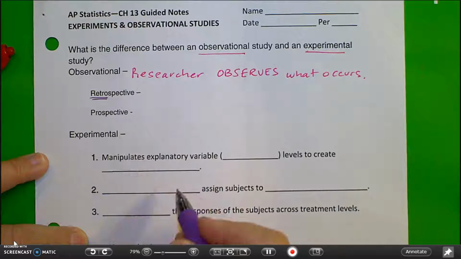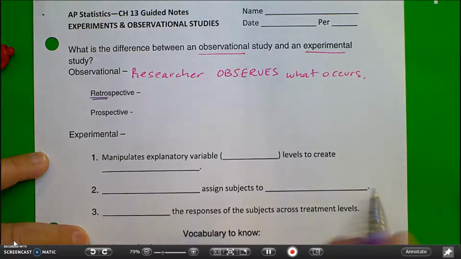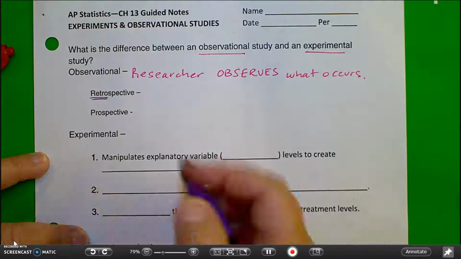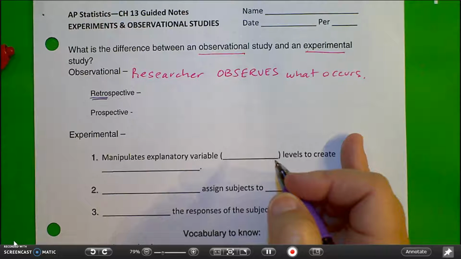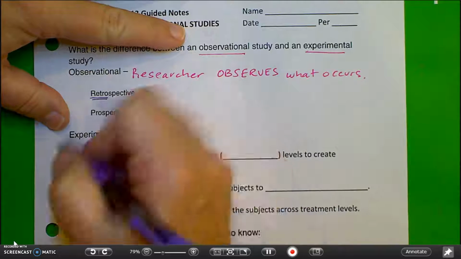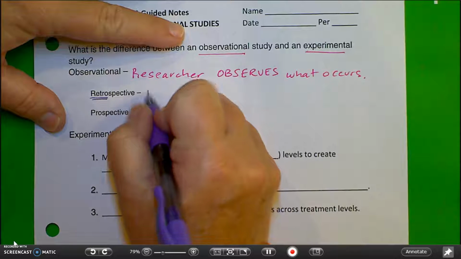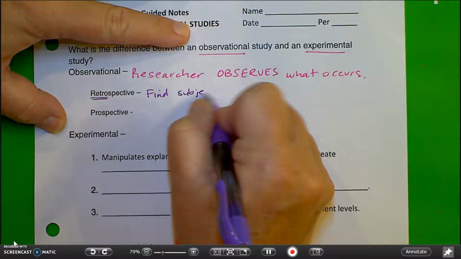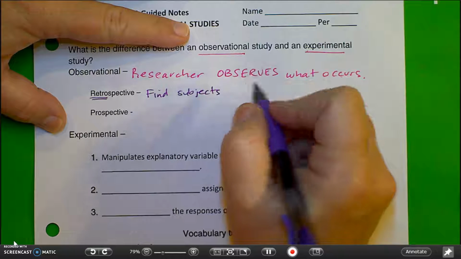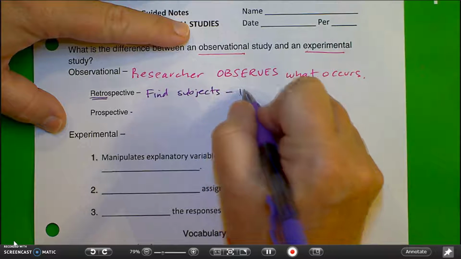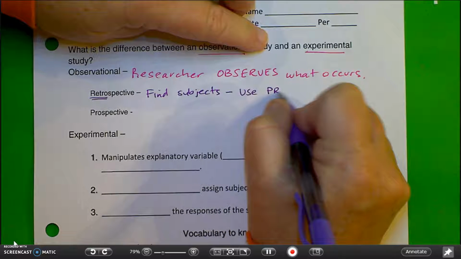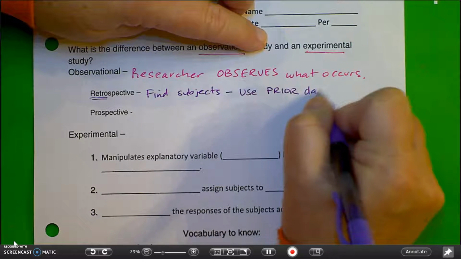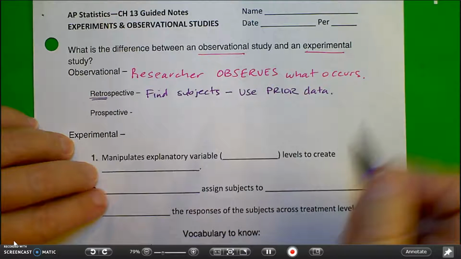Retrospective, retro, is where you find the subjects and you look at prior data. You look at data that already exist. So you're looking back into the past. It's historical. You find your subjects of interest that you want to use in your study, and then you use prior data from these people, or data that's been collected.